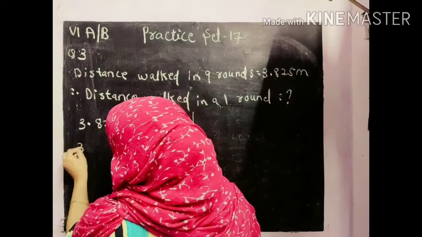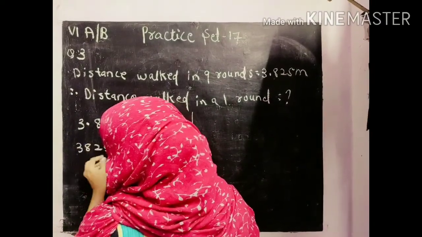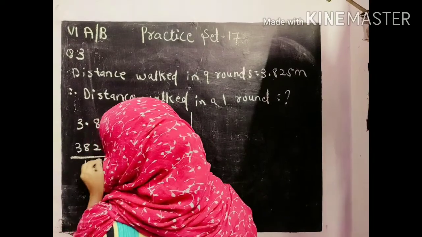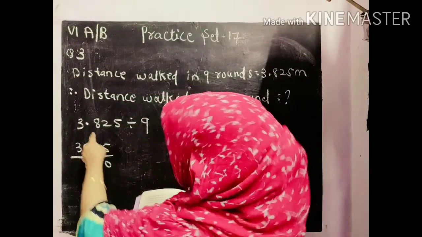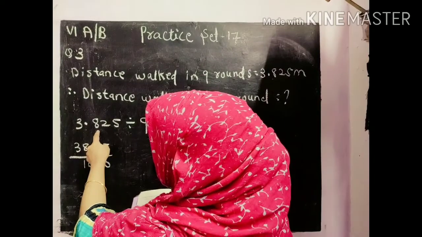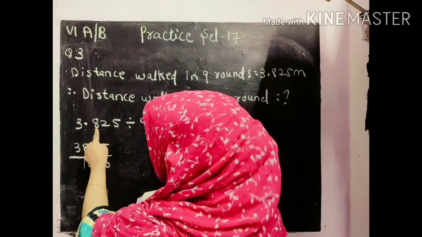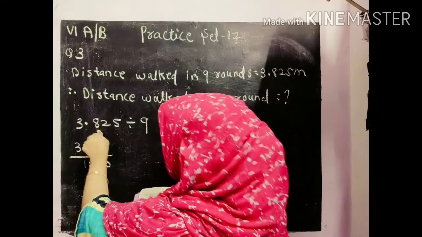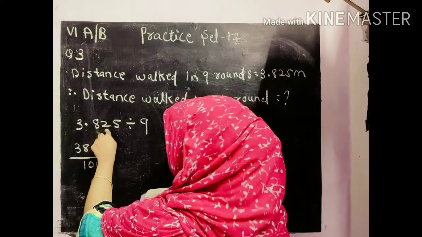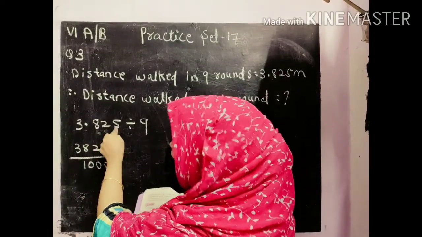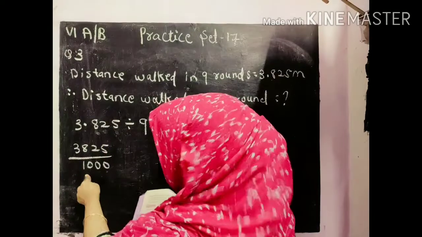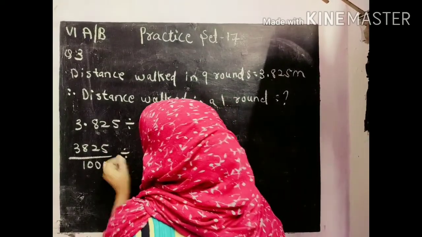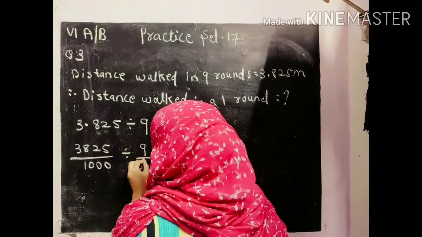Here 3825 upon 1000. Why will 1000 come? After the point, how many numbers are given? 1, 2, 3. 8 is in the tenth place, 2 is in the hundredth place, and 5 is in the thousandth place. So 1000 will come. Then divided by 9 upon 1.